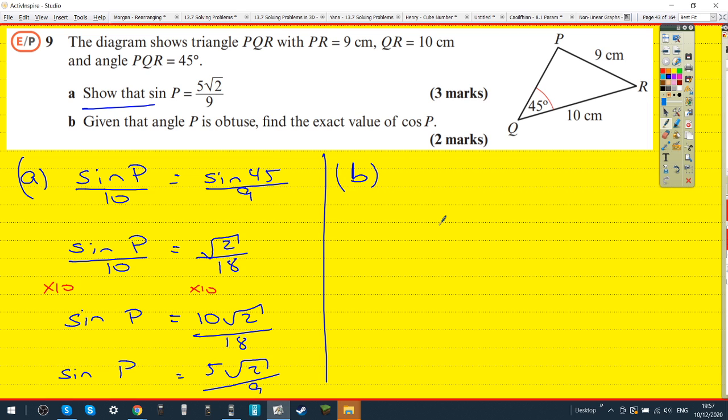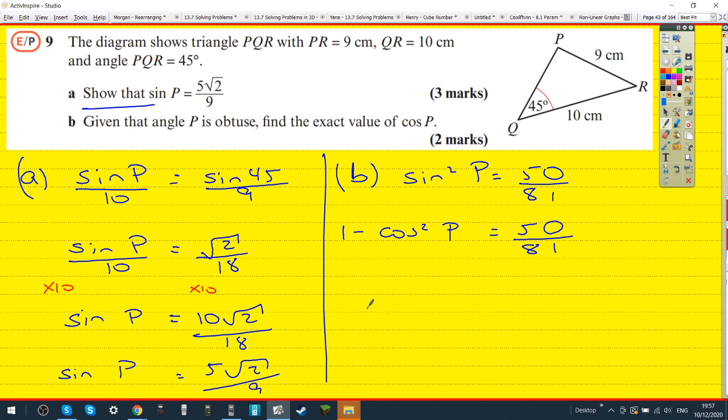Would it be 1 minus cos squared P? You could, but we don't know cos squared P yet. Oh, so we just square it. Yep. We square the answer, which gives you 50 over 81. So would you do 1 minus cos squared P equals 50 over 81?